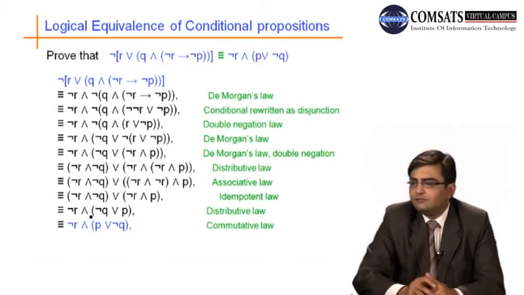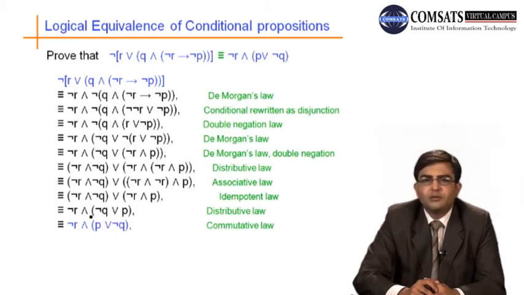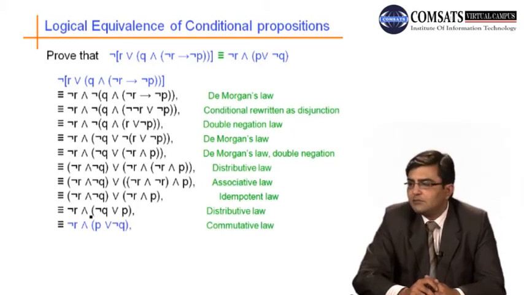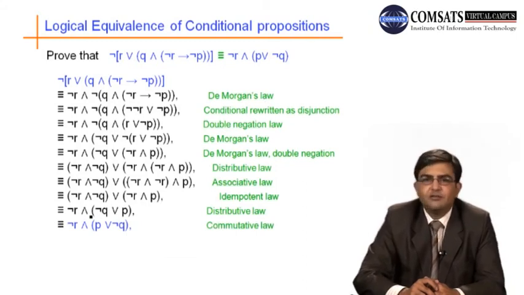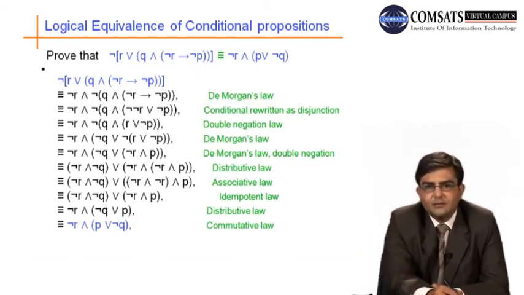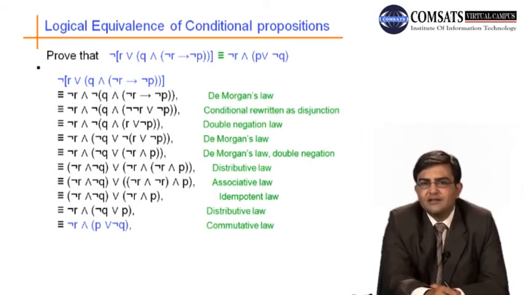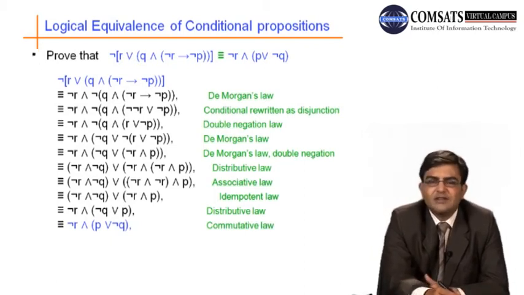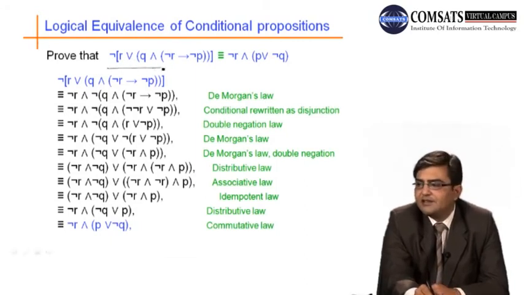Next I shall give you an example of two compound propositions, and how to prove them equivalent, which involve conditional propositions. In the previous lecture we proved two compound propositions to be logically equivalent using logic laws. This is the same example, but it involves conditional statements.